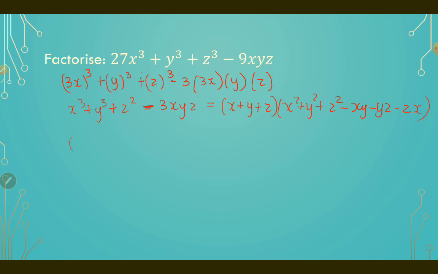So this can be written as 3x plus y plus z into 3x the square plus y square plus z square minus 3xy minus yz minus 3zx.